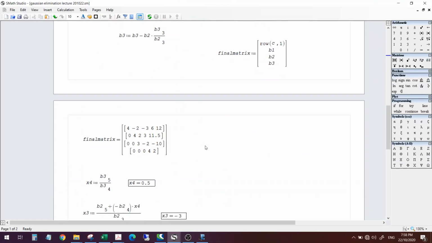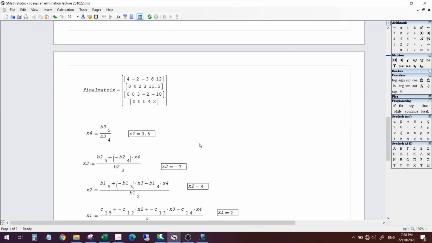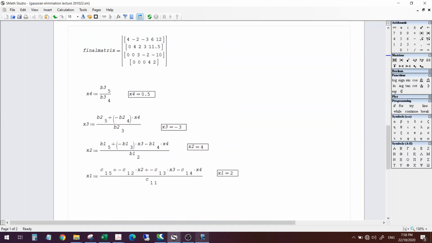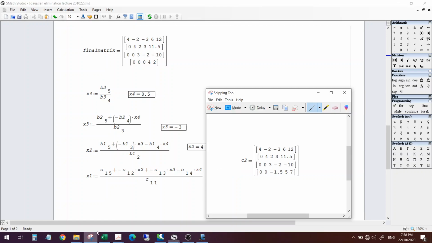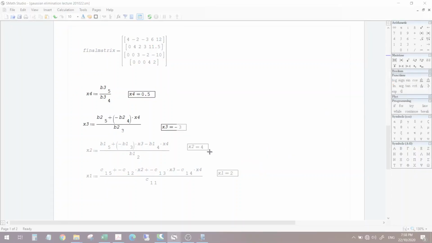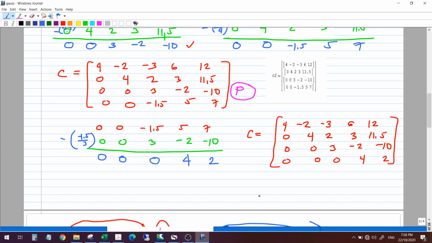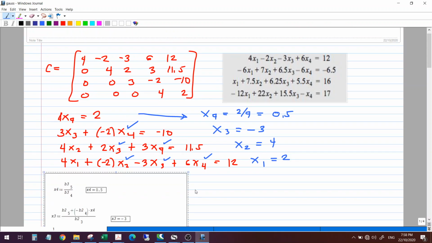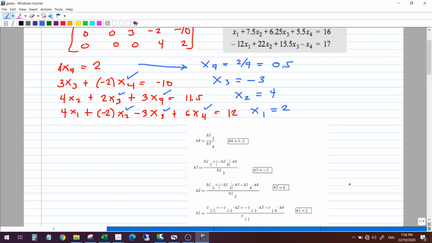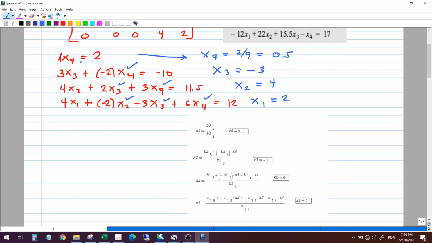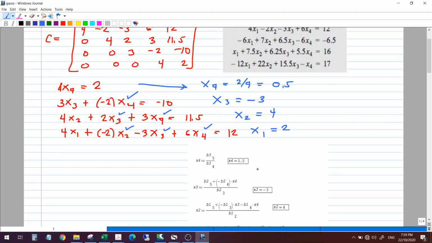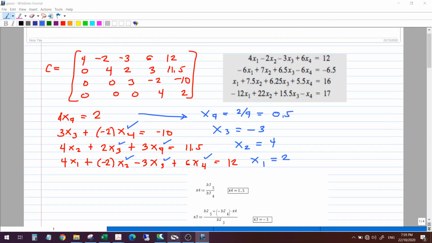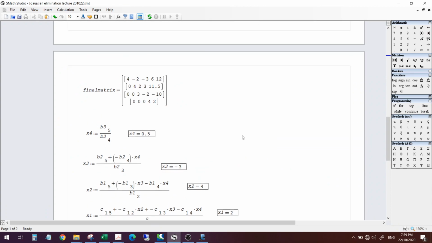And what I did here is simply this one, and then the final matrix is here.